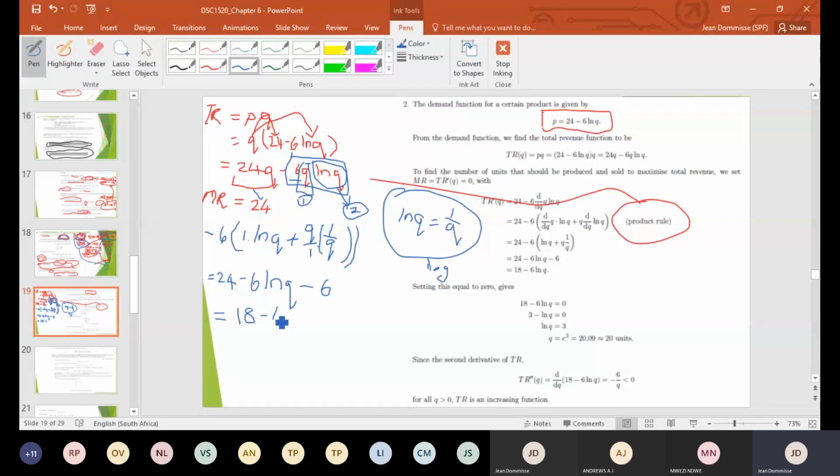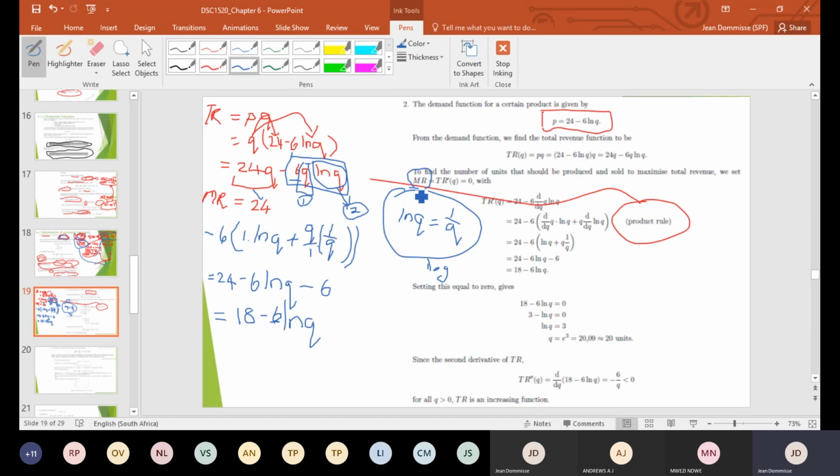It's the 6 ln of q. Okay, so that is our marginal revenue that we have calculated there, or the marginal revenue formula.